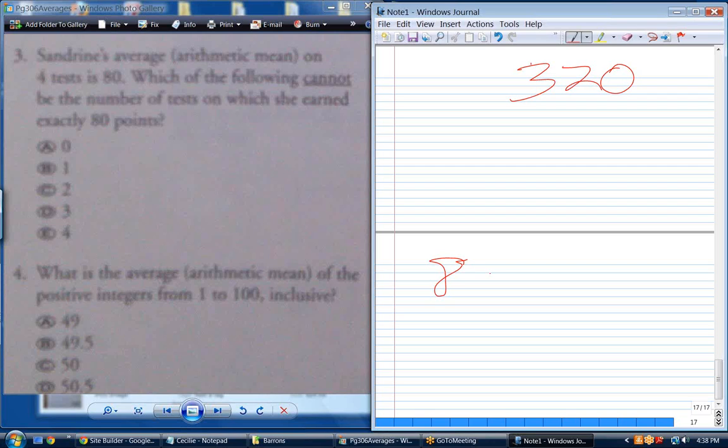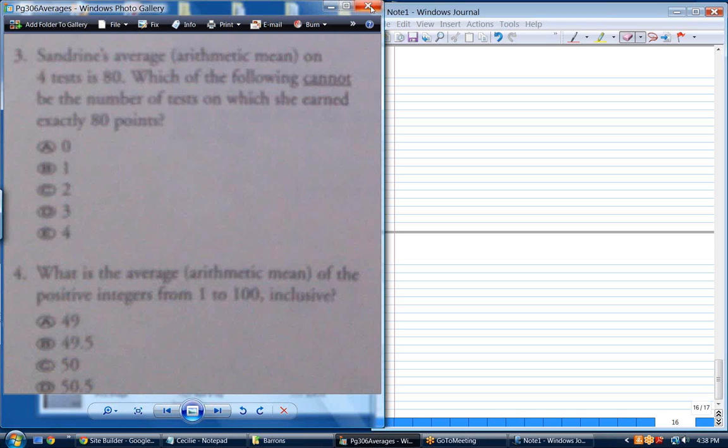Because if we had 3 80s, what could the fourth one be to still average 80? It'd have to be 80. So you can't have 3 80s. You've got to have 4 80s or 2 or 1 or 0. But you can't have 3. So the number is 3. Right.